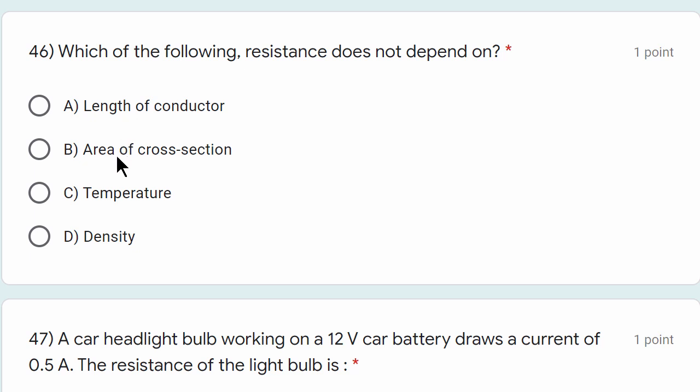Inversely proportional to area of the cross section, meaning the more the area of cross section, the less the resistance. The temperature equation is not given in the textbook, but actually for conductors, as you increase the temperature, the resistance increases. For insulators, as you increase the temperature, resistance decreases. So it is also dependent on the temperature. It is not dependent on density. So the correct answer in this case is density.